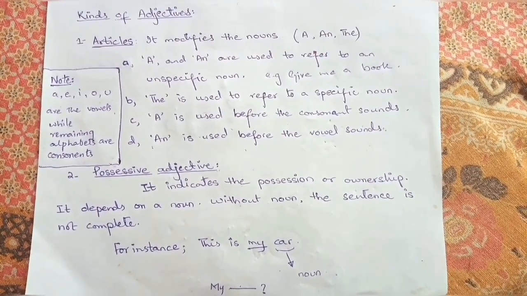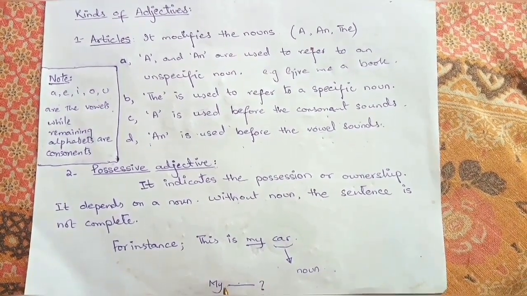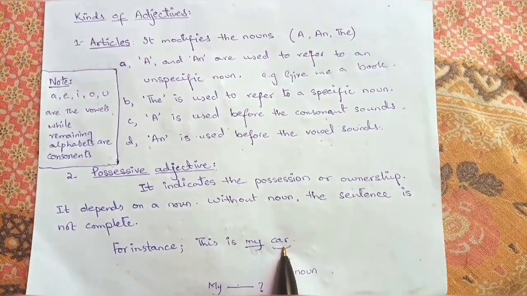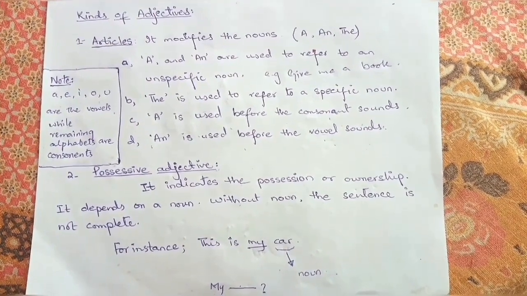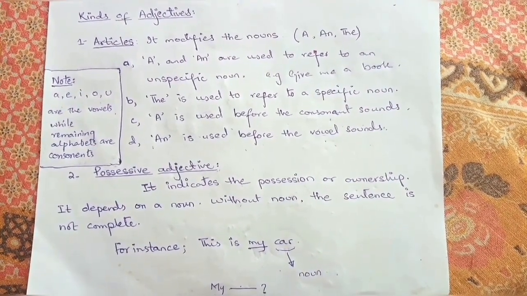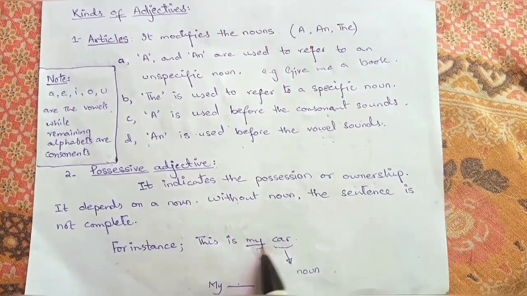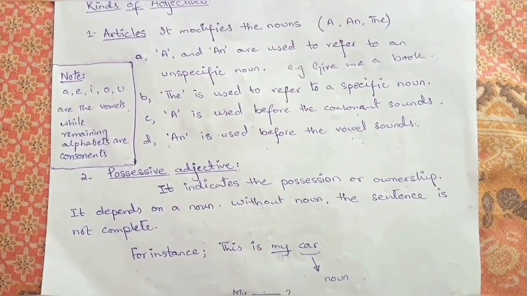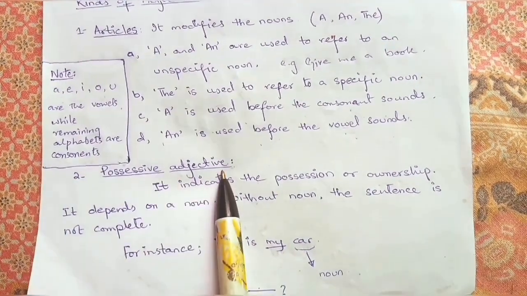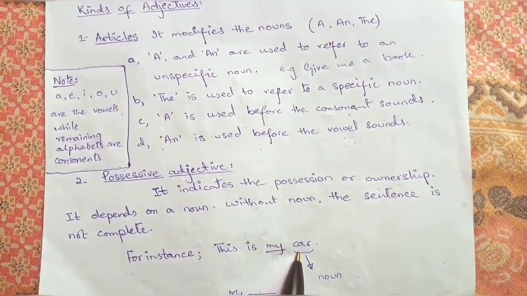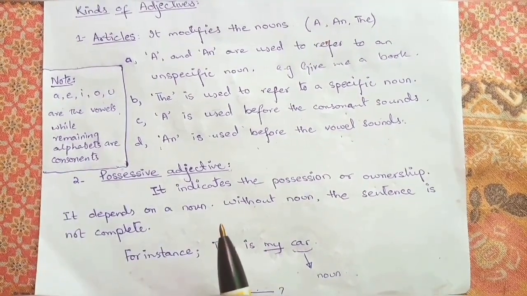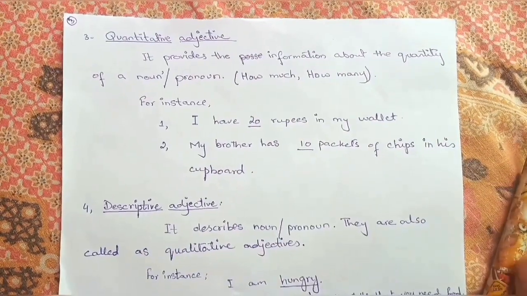Is the sentence completing or not? No, it's not completing because it needs a noun in order to complete itself or to give a meaningful whole. It needs a noun after the possession. So this is called a possessive adjective because it depends on a noun. Without a noun, the sentence is not complete.